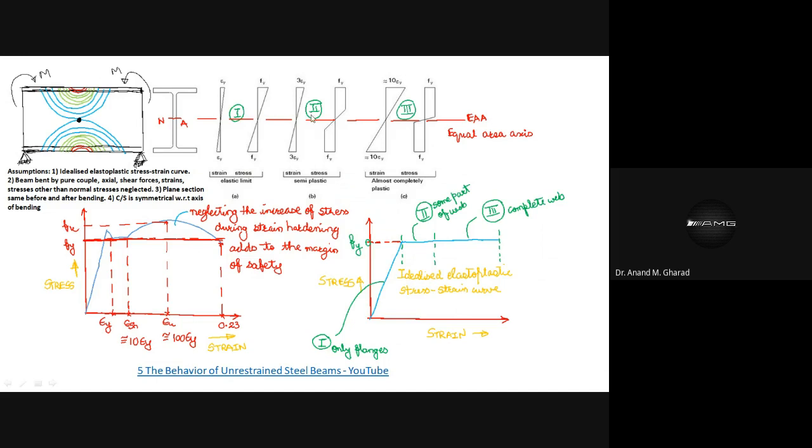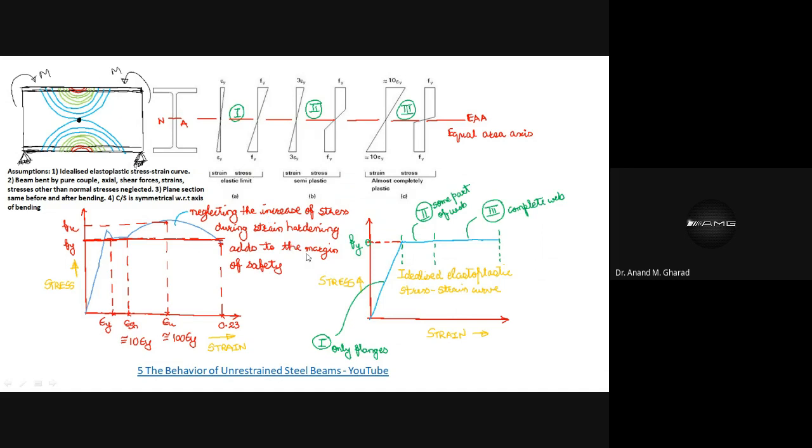With the further increase in the loading value, what do you expect? That now the stresses, they have already consumed the flanges strength, and now they have slowly entered into web portion. Okay, somewhere here.